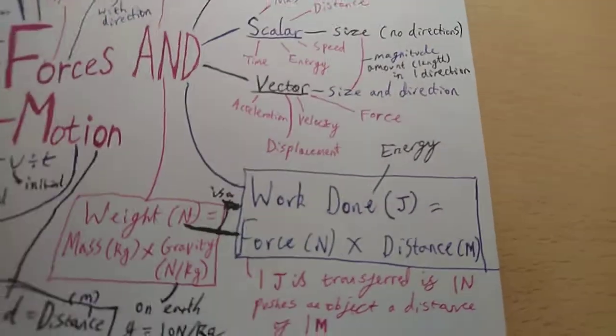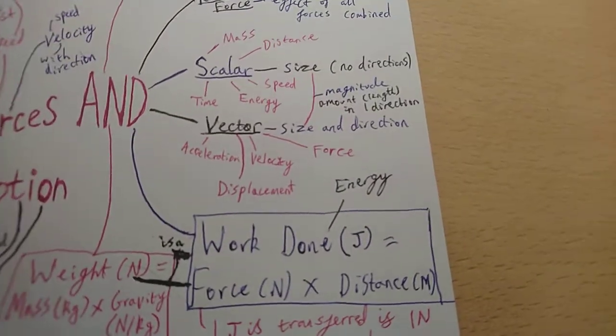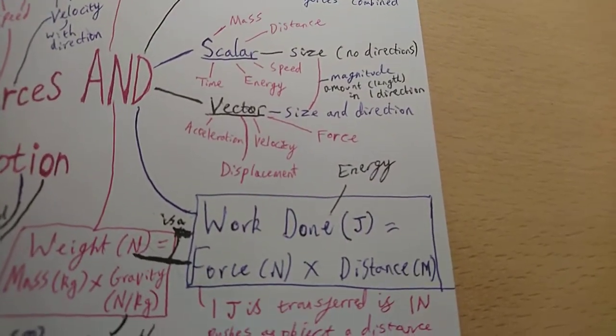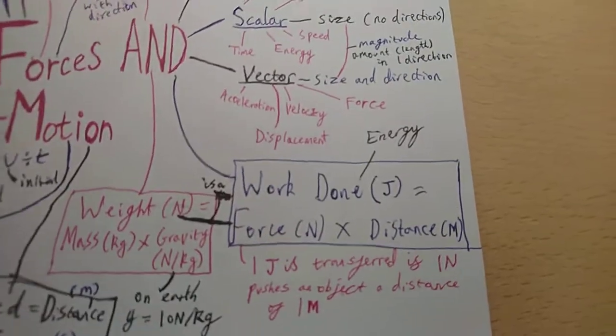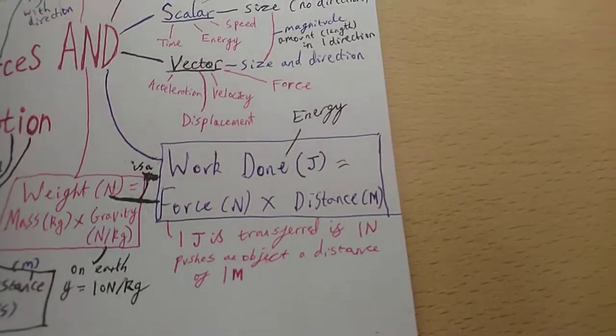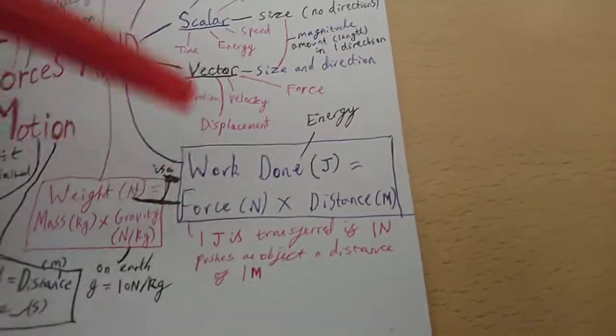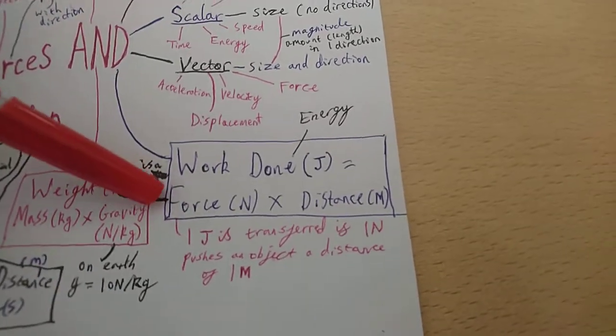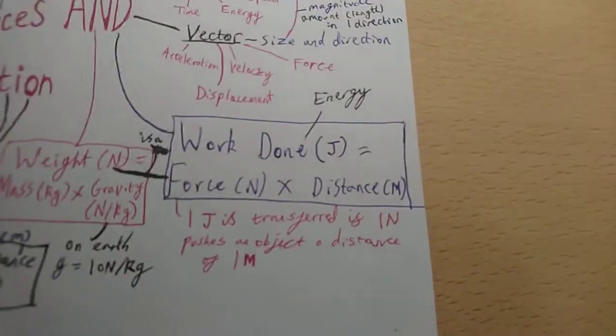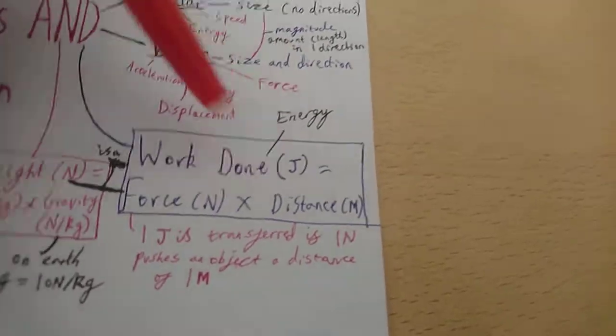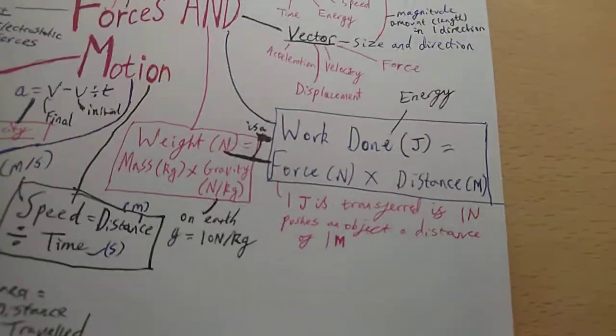You can also rearrange it, so force equals work done divided by distance, and distance equals work done divided by force. So 4 joules would be transferred if, say, 2 newtons pushes an object a distance of 2 metres, because two twos multiplied together make 4. That's an example of using it.